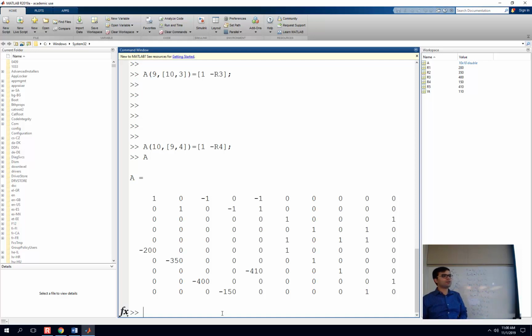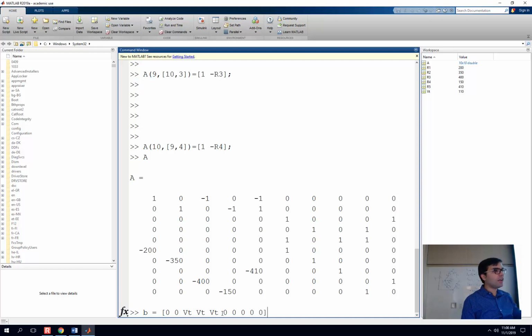And then I have to create vector B. B is all zeros except for 3, 4, 5. So B is equal to 0, 0, VT, VT, VT, 0, 0, 0, 0, 0.